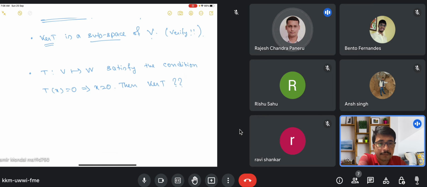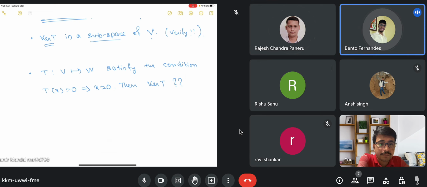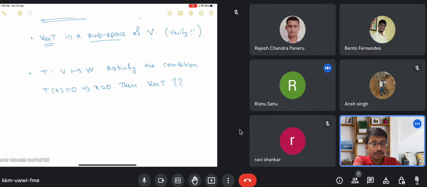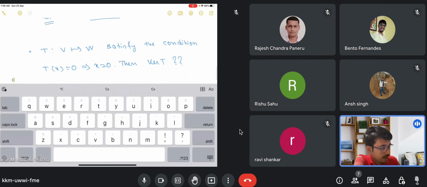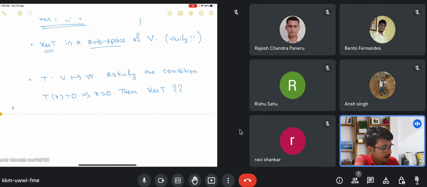It contains the 0 element, so it will be the singleton 0. This condition forces the kernel of T to be 0.